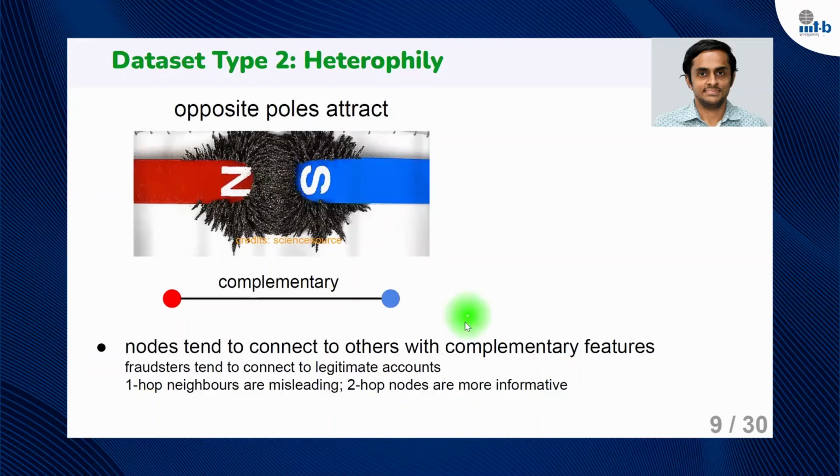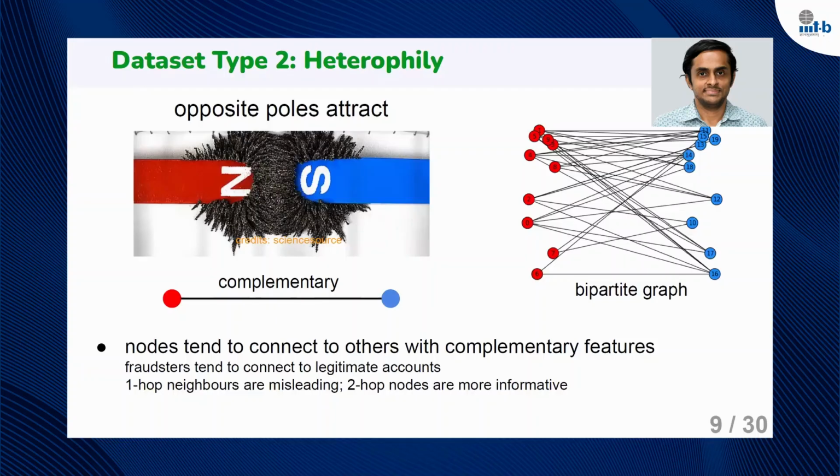One example that is usually given is fraudsters and legitimate accounts, in which fraudsters interact with legitimate accounts, so they're of different types. So it's a heterophilic relationship. And a perfectly heterophilic graph will obviously be a bipartite graph, because it will connect nodes of different colors.